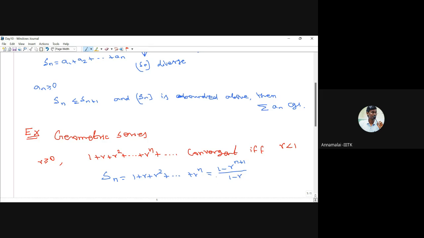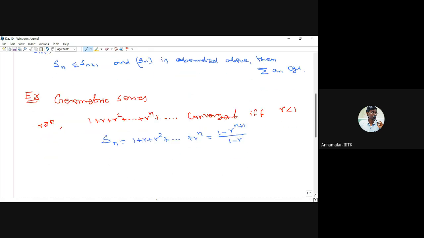Now as n goes to infinity, Sn approaches, because r is less than 1, we already proved that r power n converges to 0 if the modulus of r is less than 1. So here r is less than 1. Therefore, r power n plus 1 converges to 0. The others are constant, because the denominator 1 minus r is a constant. Therefore, a constant sequence converges to the same number.